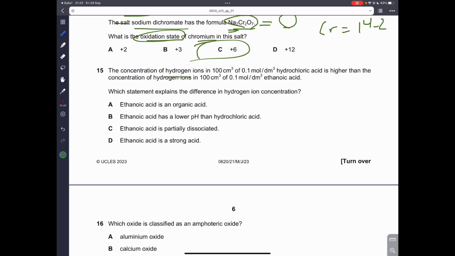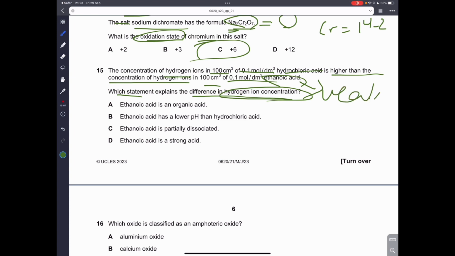The concentration of hydrogen ions in 100 cm³ of 0.1 mol/dm³ hydrochloric acid is higher than the concentration of hydrogen ions in the same volume and same concentration of ethanoic acid. Which statement explains the difference in the hydrogen ion concentration? Well, we know that ethanoic acid is a weak acid, hydrochloric acid is a strong acid.